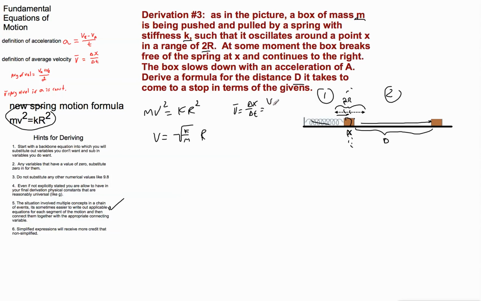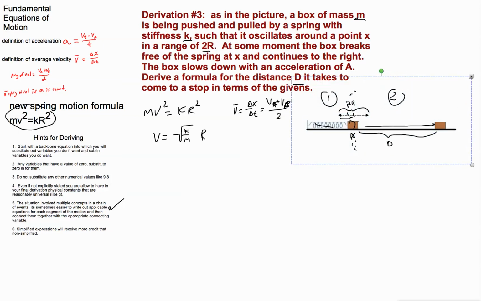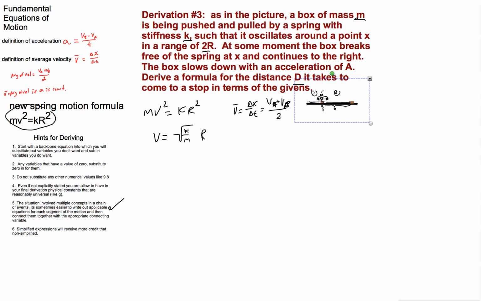And that's going to equal (VA plus VB) over 2. And I'm going to take just a second to get this mess out of our way here. Let's shrink this thing down. We'll put it up over here.